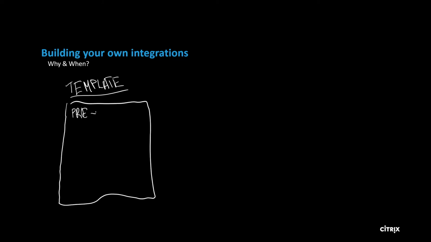In order to ease the onboarding process, we predefine and hard code a lot of stuff for you. So when you use an out-of-box or template integration, you're going to have predefined API endpoints.